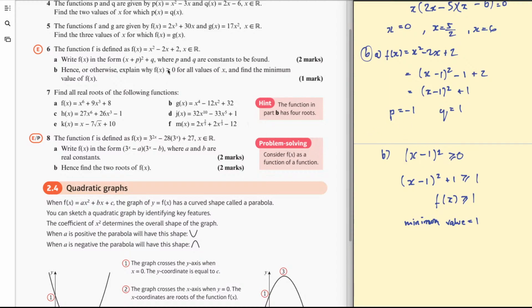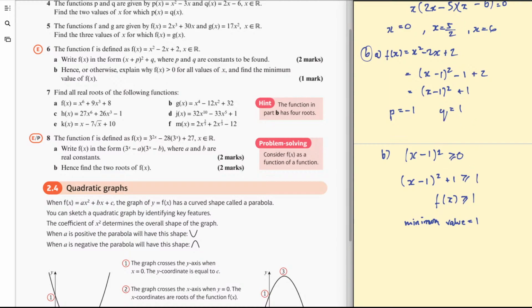But they've written only greater than. Why could this not be 0? Oh, right.